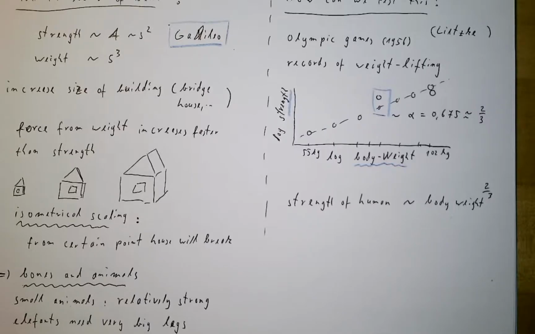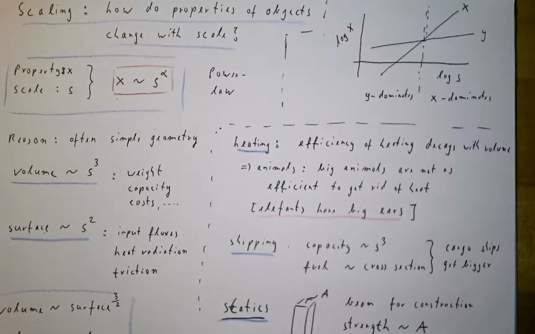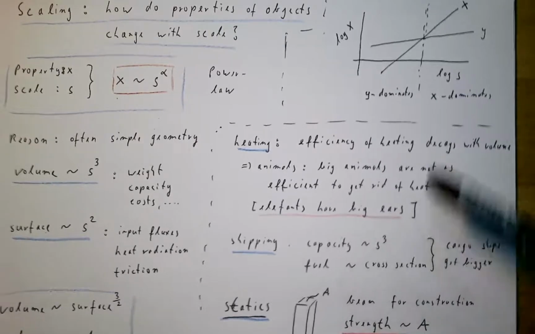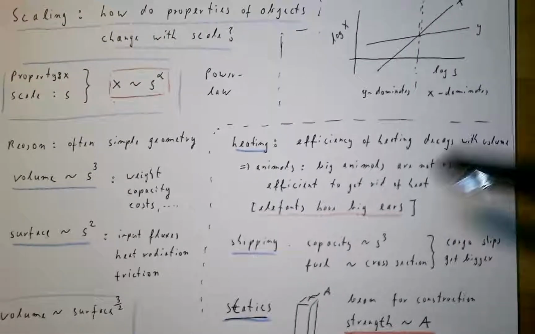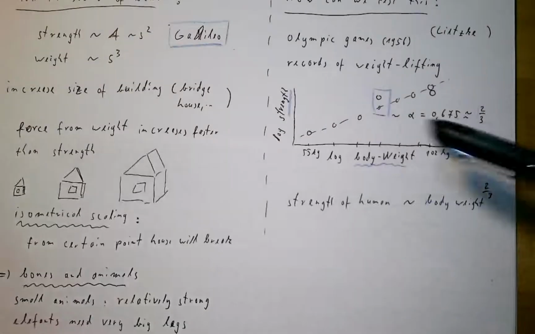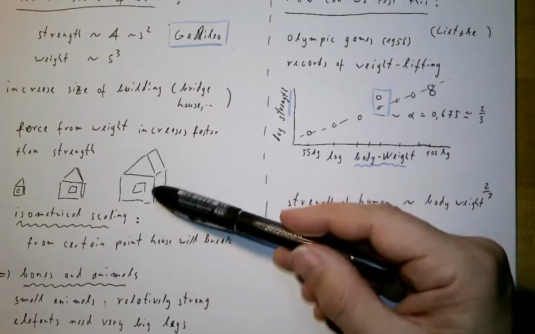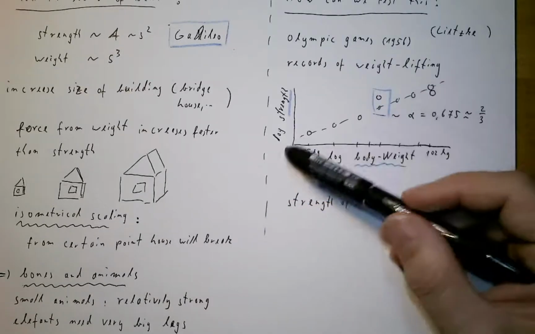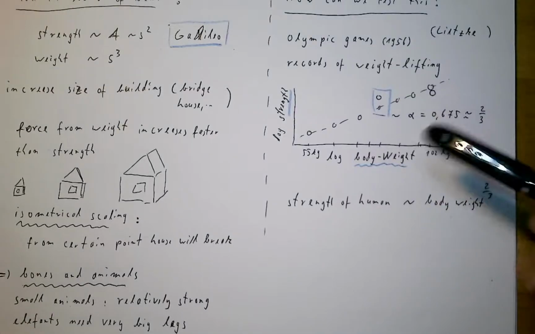So these were just some very simple, naive scaling arguments which just depend on surface and volume, and these are calculations you can really do on an envelope. It's very hand waving, all these discussions, but you saw we can with this explain why elephants have big ears, why container ships get bigger and bigger, why big animals have big legs, why small elements are so strong, why big buildings need relatively bigger beams, and in which form the strength of humans depends on body weight.